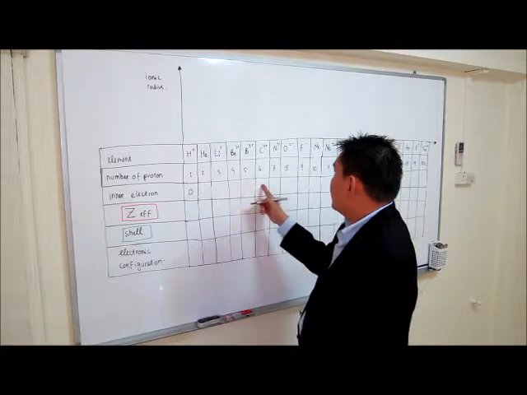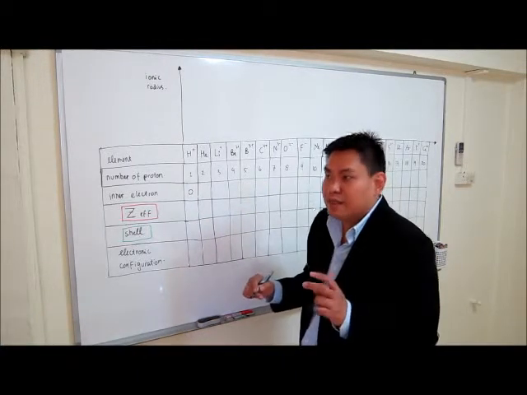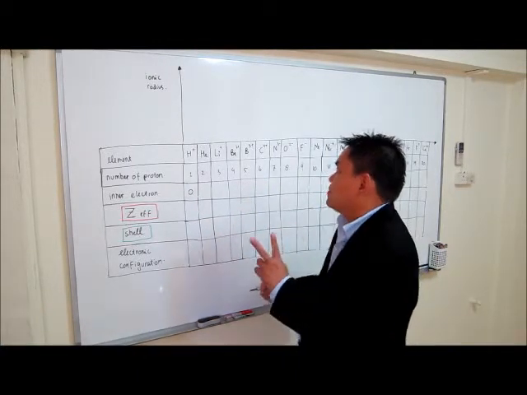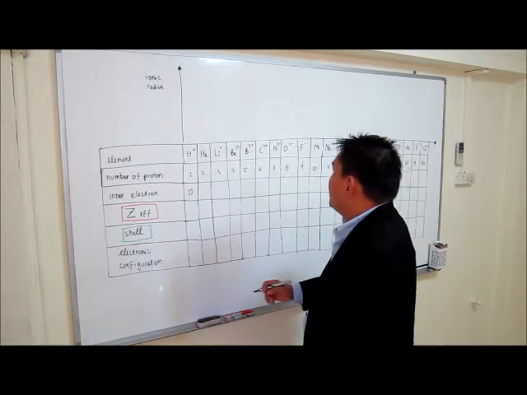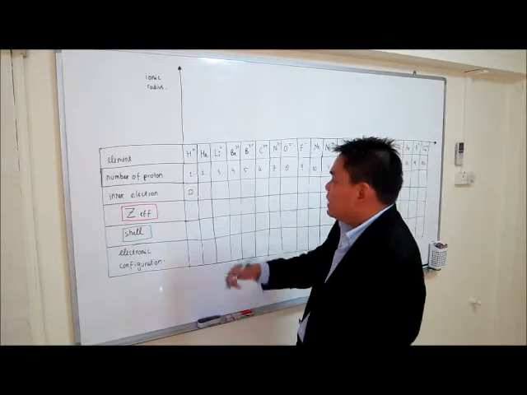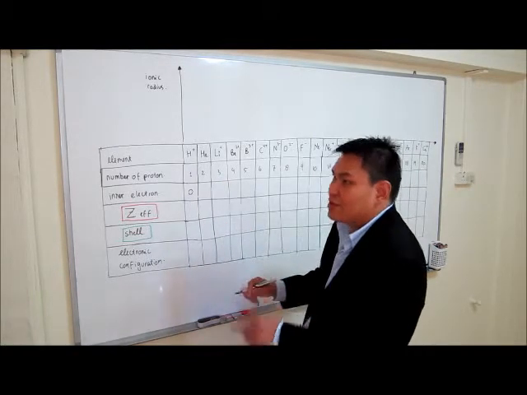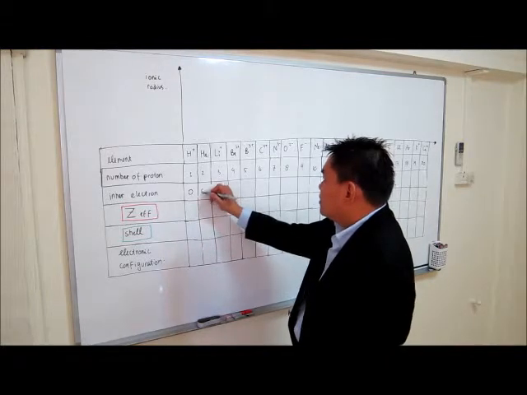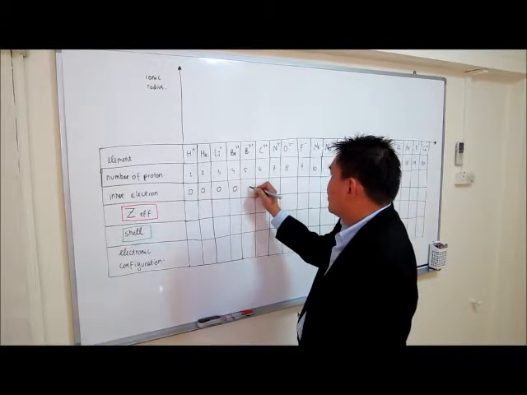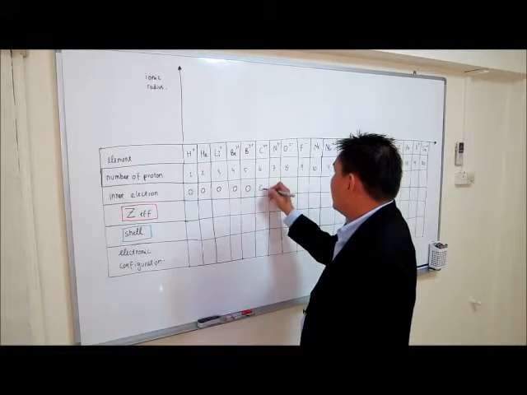Because from helium to carbon, each of them will have 2 electrons, and these 2 electrons are on the first shell, which means there are no inner electron at all. Those 2 electrons are counted as valence electron. So we are going to put 0 from helium to carbon 4 plus.